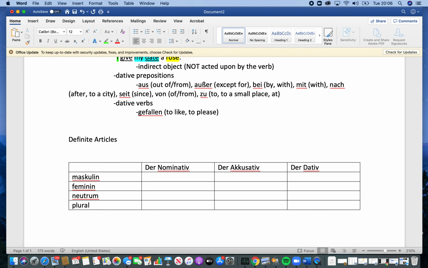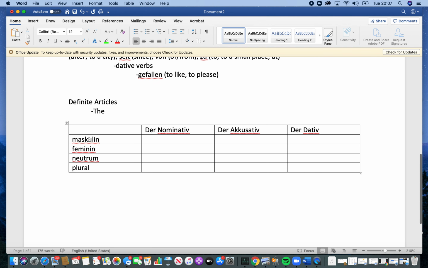In English, we only have one definite article, regardless of the placement of the noun within the sentence, and that is the. In German, we have more than that, but we do have the 3 genders and then plural. Those are all part of the noun and need to be learned with the noun. So in nominative, these are the first words we learned, words for the.